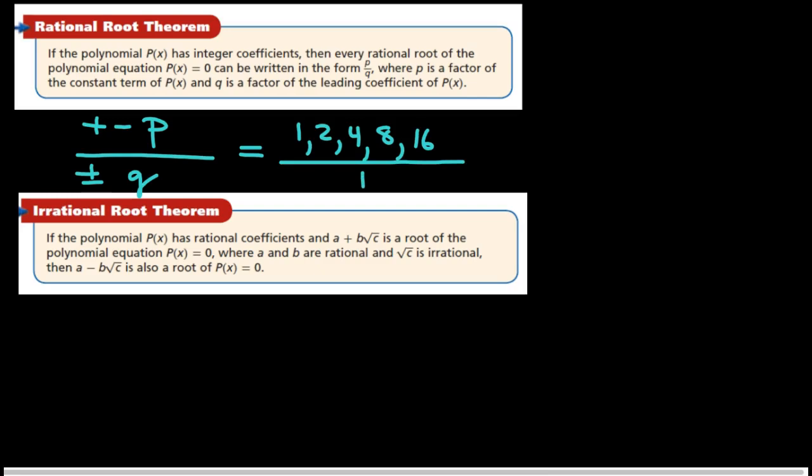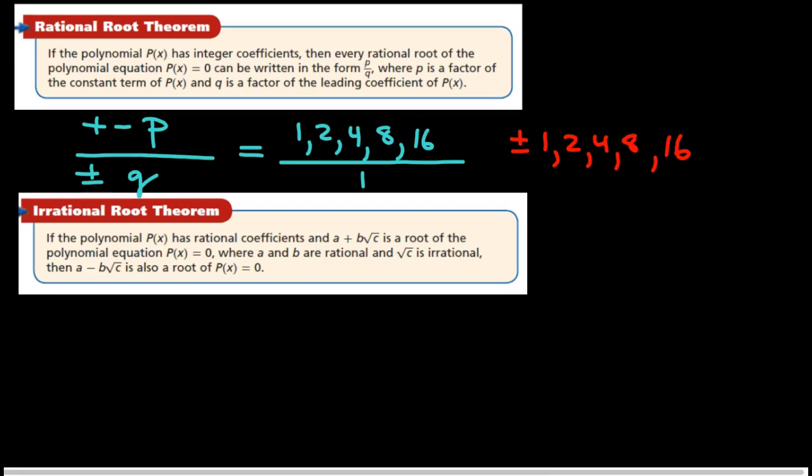So for your rational roots, they have to be plus or minus p over q, where p is a factor of the constant term and q is a factor of the leading coefficient. So the only possible roots we have here are plus or minus 1, 2, 4, 8, or 16.